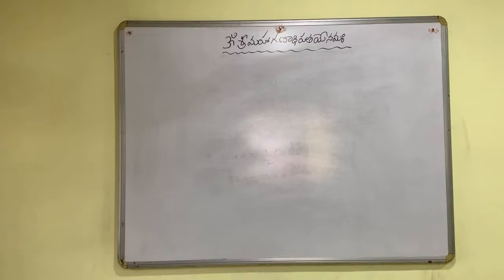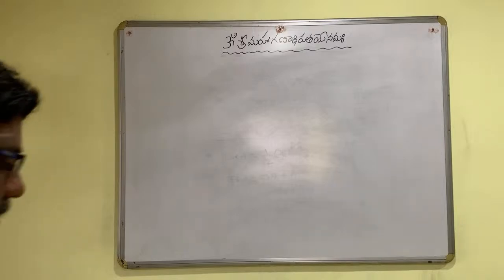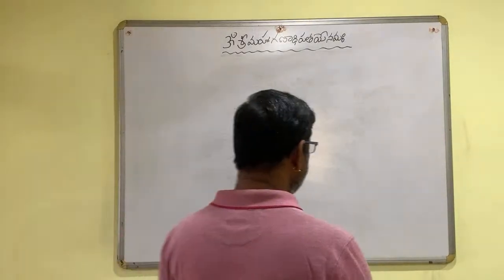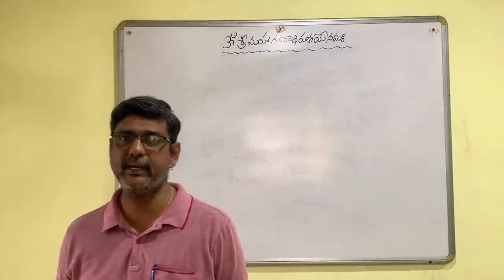Next question. Question number 4. The radius of a spherical balloon increases from 7 centimeters to 14 centimeters as air is pumped into it. Find the ratio of the surface area of the balloon in the two cases. See the balloon, air is pumping into it.